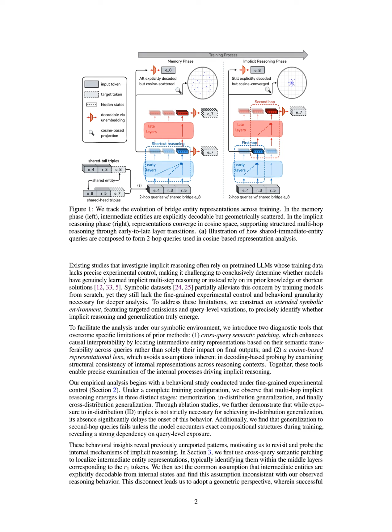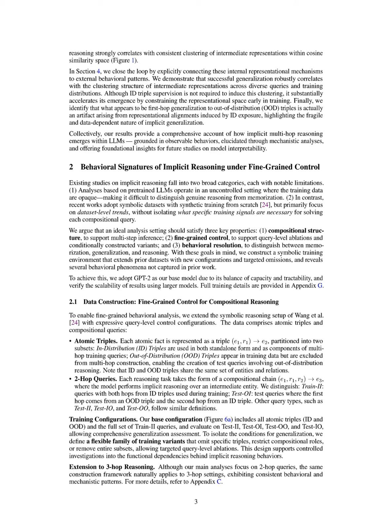The findings reveal that successful implicit reasoning is closely associated with the clustering of intermediate representations in cosine space, indicating that LLMs rely on geometric regularity rather than explicit decodability to facilitate generalization across queries. This comprehensive analysis provides insights into the mechanisms underlying implicit reasoning, highlighting the importance of representational alignment and the role of training data in shaping these cognitive processes.